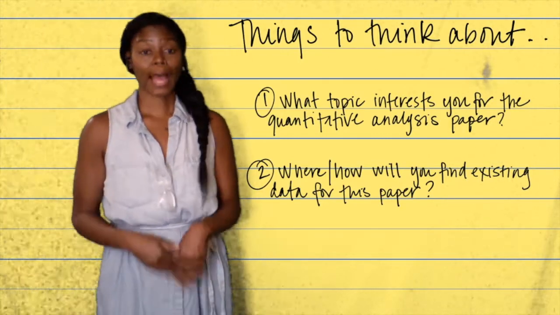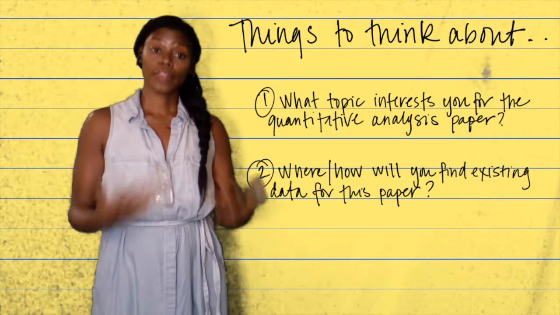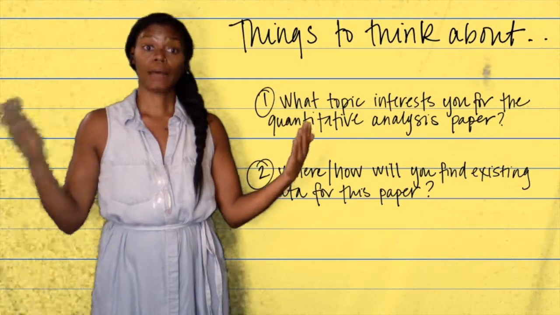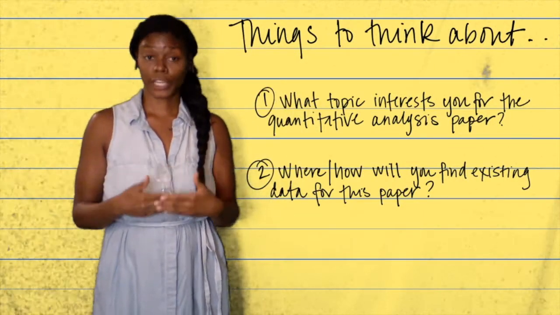Today, I'm going to challenge you to think about the broad topic that you're interested in, that you might want to look into for your quantitative analysis paper, and by extension, the qualitative analysis paper that you'll do at the end of the semester, and start thinking about where you might find empirical data to help you write that paper, given what we have discussed today.